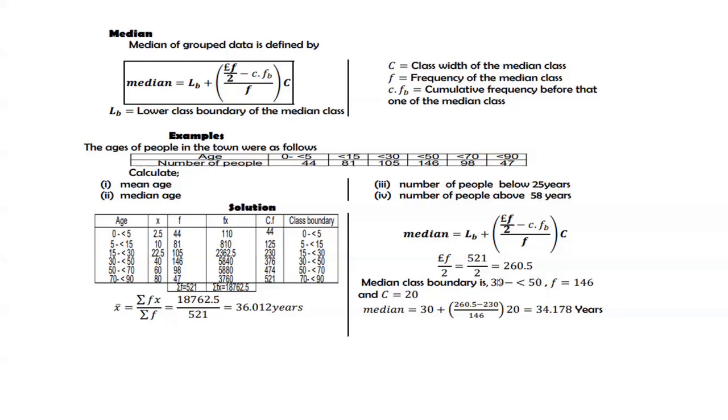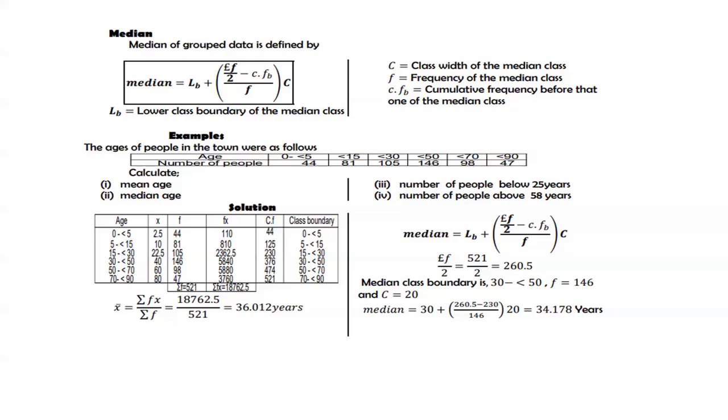Then the frequency of the median class. How do we get the median class first of all? To get the median class is always our first step. So you get your sum of frequency divided by 2, you will get 260.5. So you go to the cumulative frequency column.